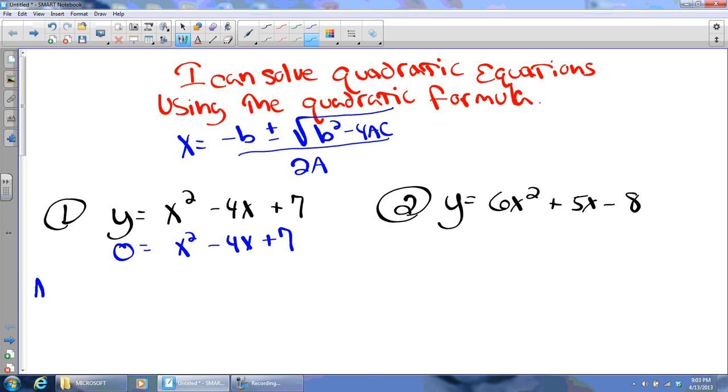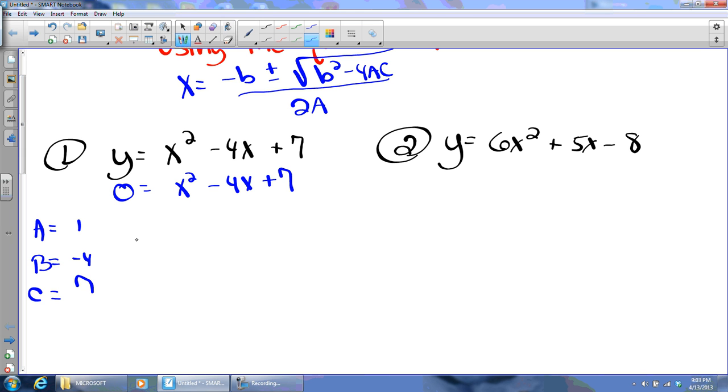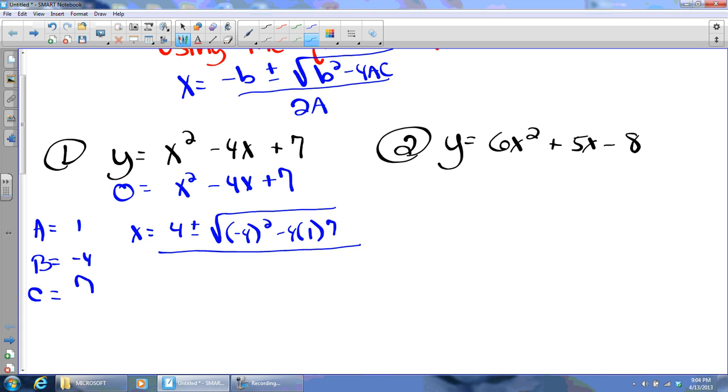So I'm just going to go a, b, c, easy as one, negative 4, 7, and then I will go to the quadratic formula. X equals 4 plus or minus square root of negative 4 squared minus 4 times 1 times 7, and that'll all be over 2a, right?